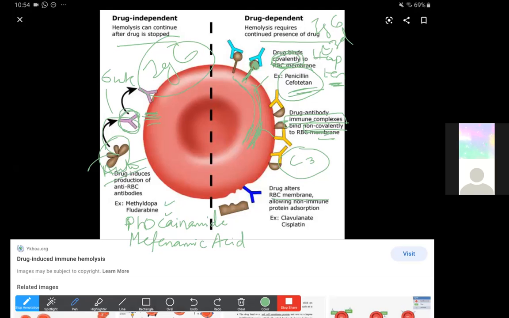And here the drug could be tested either by a serum reaction, so they could be tested either in the serum or in the eluate. And in both cases, they would react against normal RBCs also. Because these antibodies are specific for the RBC membrane antigens, they would cause a reaction to normal cells, both the sera and the eluate.